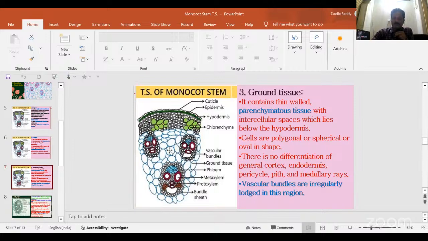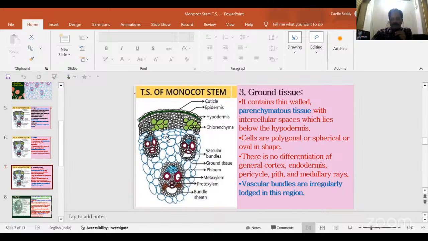Here you can see oval or spherical, irregularly arranged cells with small intercellular spaces. This tissue is a simple parenchymatous tissue. In monocot stem, just below the hypodermis, a large central column is composed of simple parenchymatous tissue.